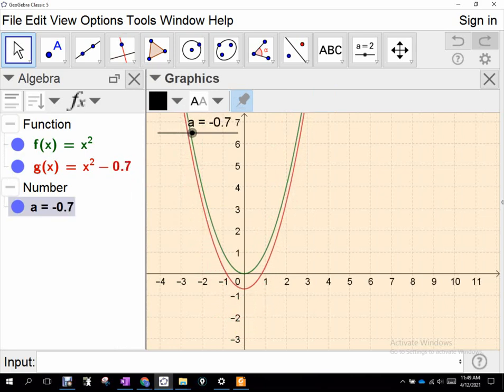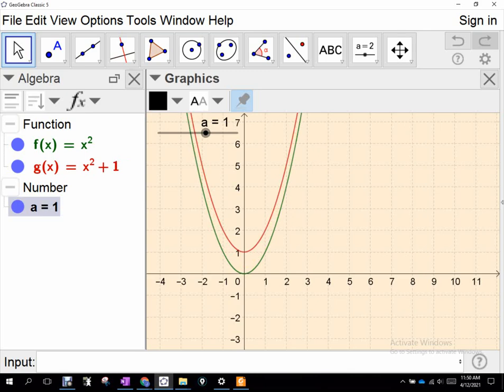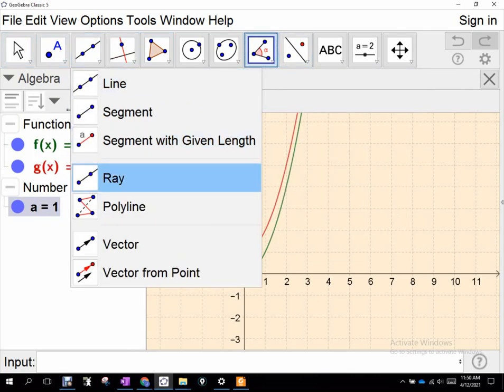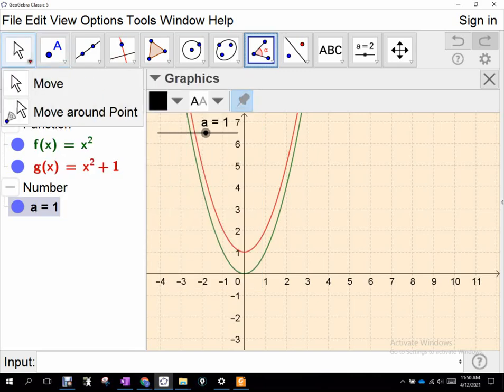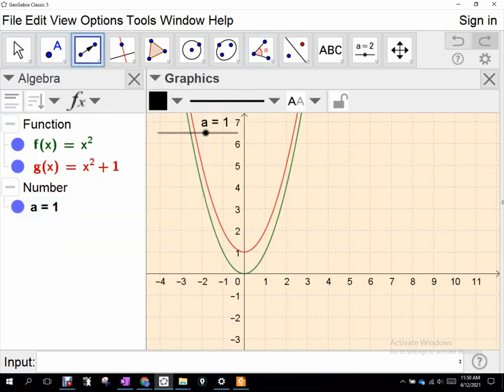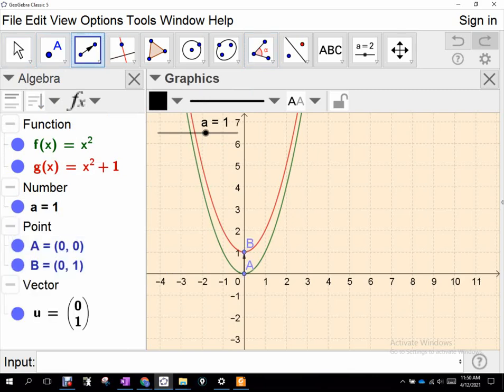If I add, I'm just going to add 1. And what we realize here is that this point here that was on the green curve just got moved up 1 unit onto the red curve.